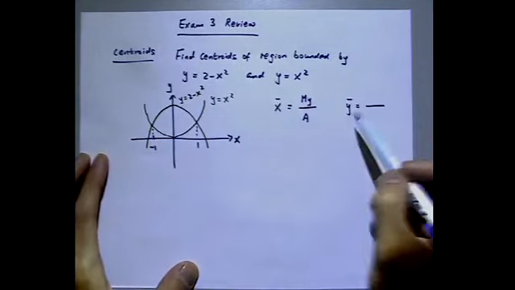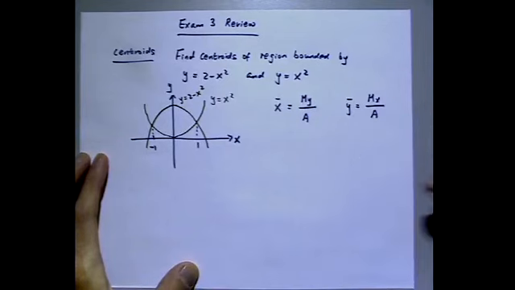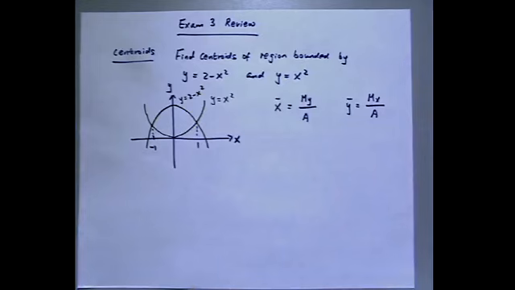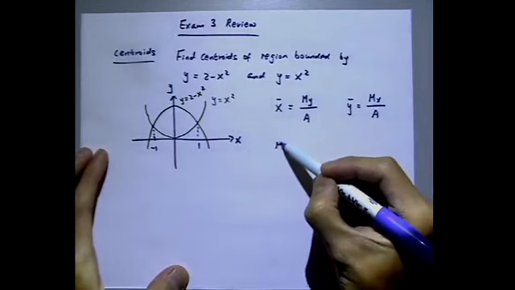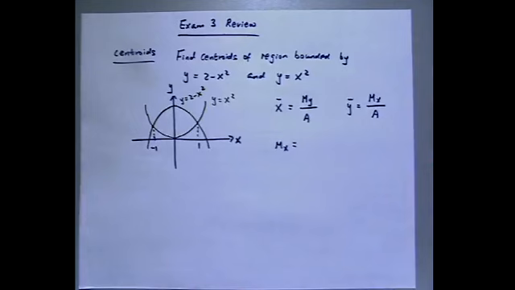And then for the y component, it is Mx over A. Okay? All right, so who remembers the formula for Mx? What's the general formula for that?